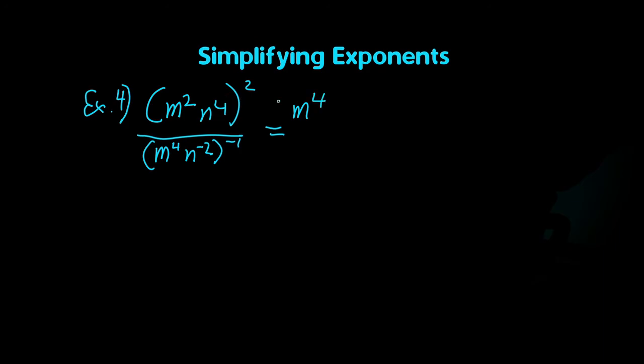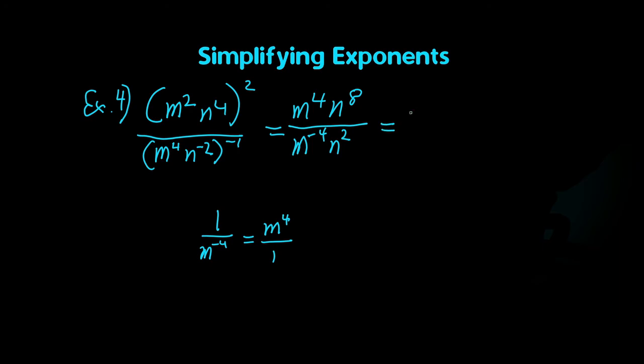Now we simplify by simply distributing that square. That becomes m to the 4th power and n to the 8th power. And we distribute the negative 1, m to the negative 4th power, and n to the 2nd power because two negatives make it positive. And the 1 over m to the negative 4th power is the same thing as m to the 4th power over 1.